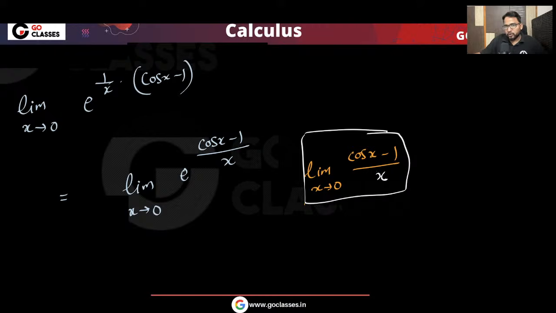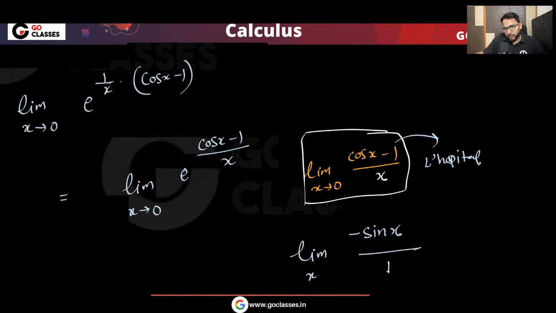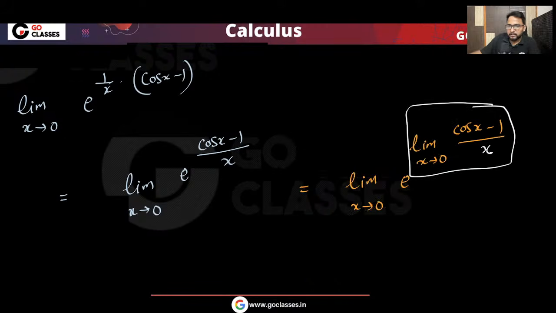Since it is 0 upon 0, you can apply L'Hopital, right? So it will be minus sin x, the differentiation of cos x is minus sin x, upon 1. Limit x tends to 0. And then it is finally 0 only. So this is coming out to be 0. That is why you can say this limit is coming out to be 0. That is why the final answer is e power 0, which is 1.